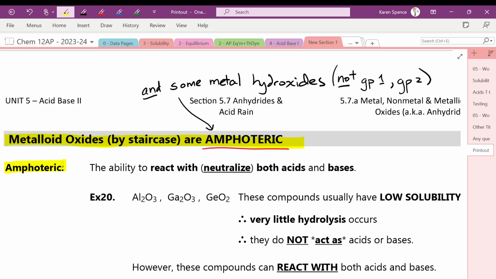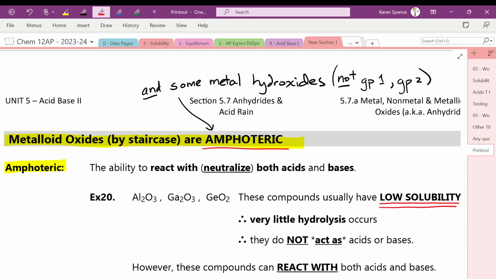The reason is that they have very low solubility. If you dump them into water, they will sit there and will not make the solution acidic or basic.